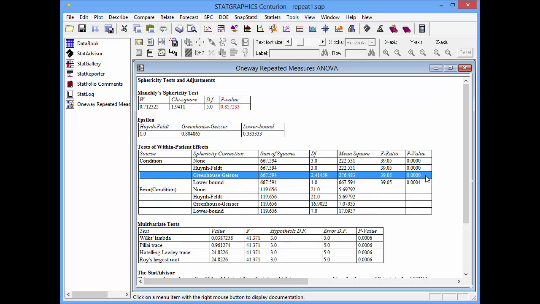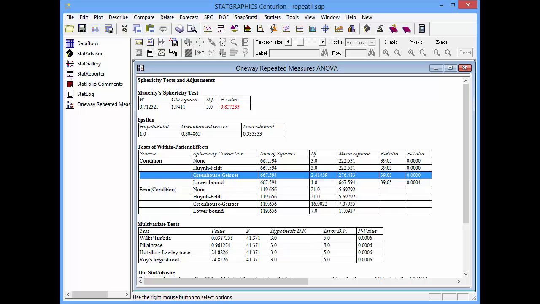Of particular significance is the p-value. It's interpreted the same way as it would have been in the standard ANOVA table. P-values less than 0.05 indicate significant differences between the means at the different time periods.